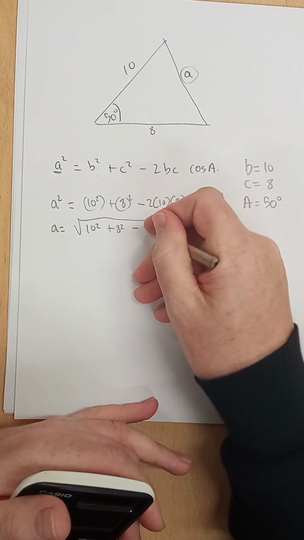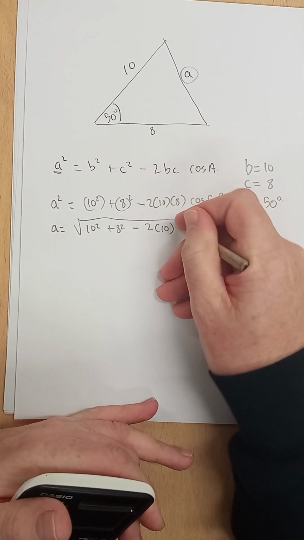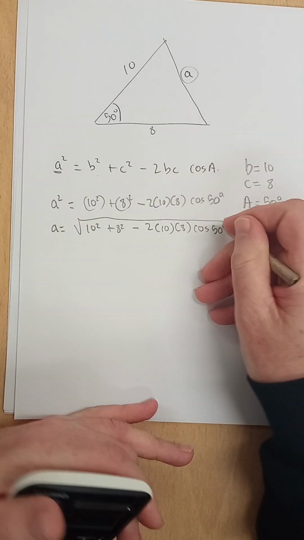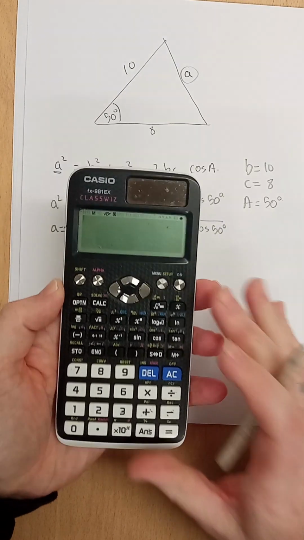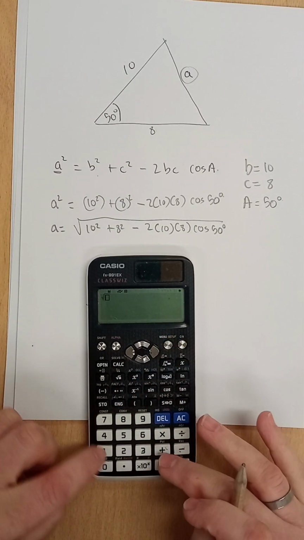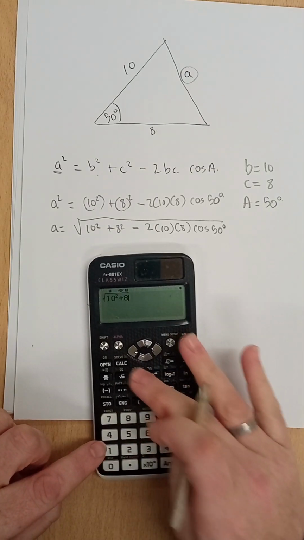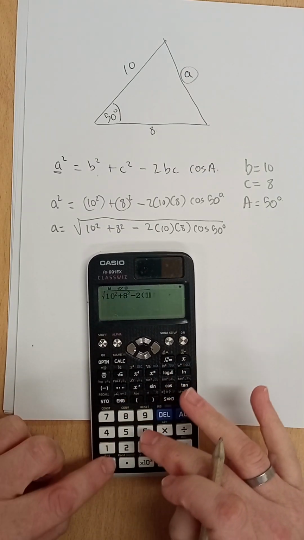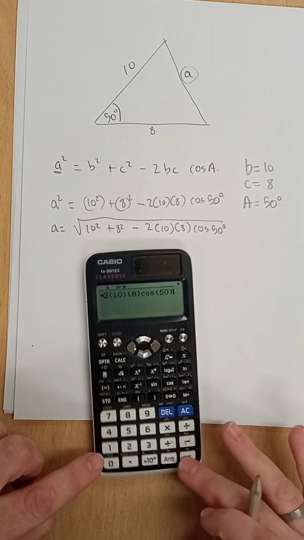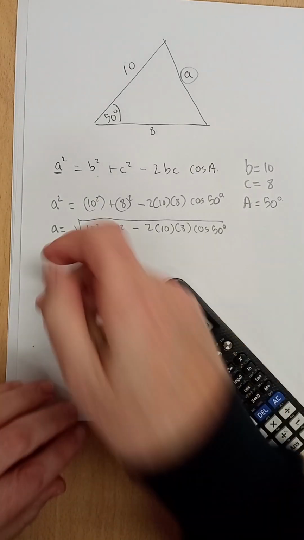You can just skip this line of work if you know how to square root while you're doing this line. So let's do this. Square root of 10 squared plus 8 squared minus 2 times 10 by 8 by the cos of 50. 7.82.